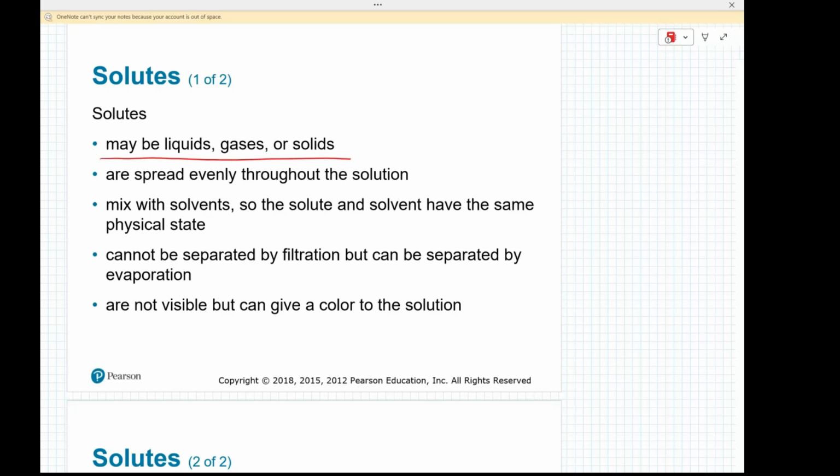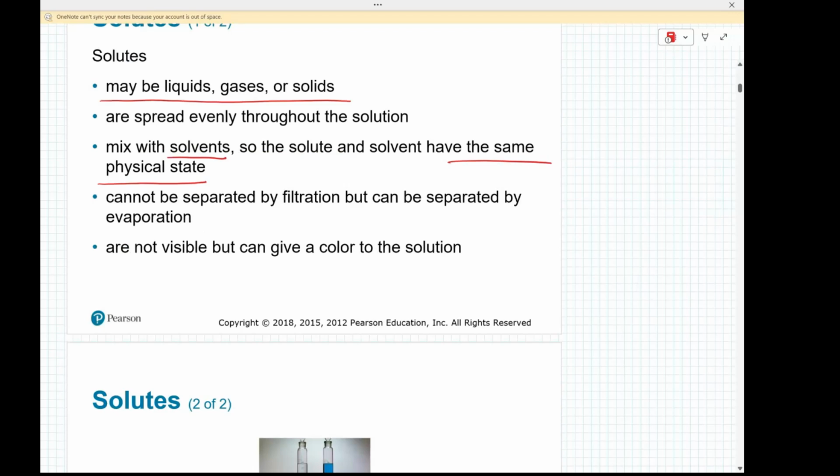Okay? When solutes and solvents are mixed, the resulting mixture has the same physical state. In other words, it is homogeneous. When you look at the salt solution, it's all liquid. When you look at carbonated water, it's liquid. Okay?